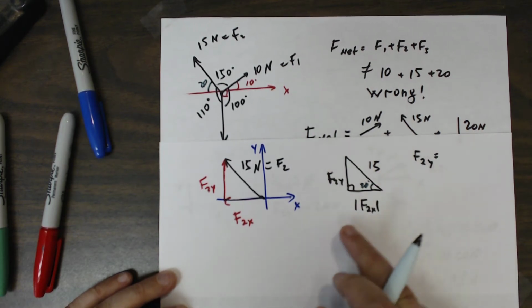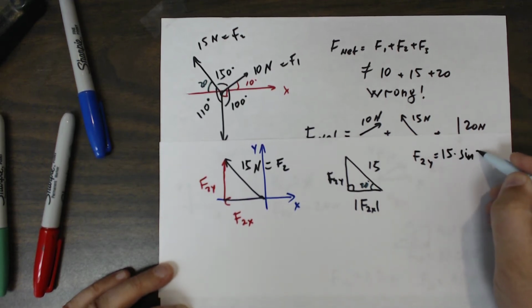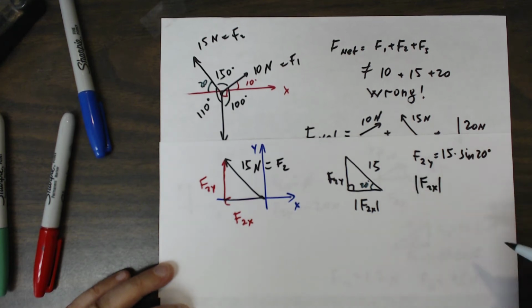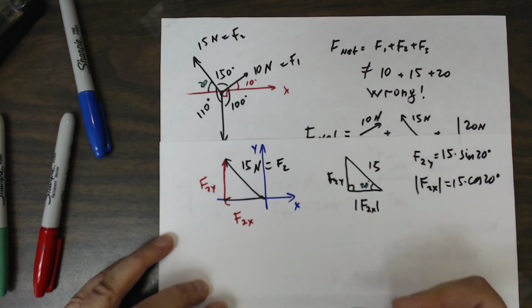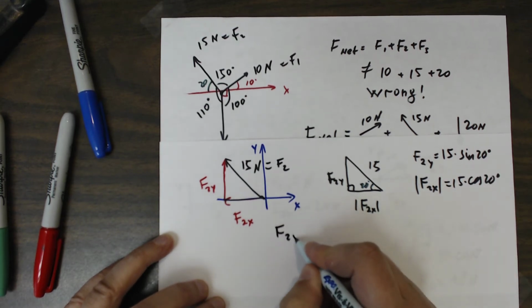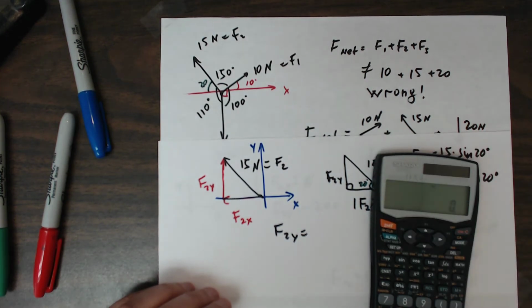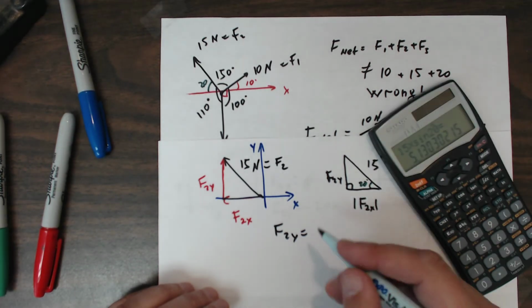This side is opposite to this angle. We have to use a sine, hypotenuse times sine of 20 degrees. And the magnitude of the x component will be equal to 15 times cosine of 20 degrees. So the y component will be equal to 15 times the sine of 20, about 5.1.